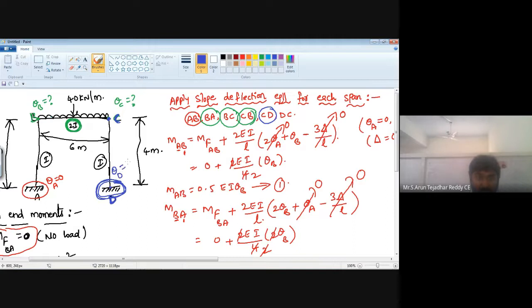That is, theta D is equal to 0 because it is a fixed support. What is our main condition? If the end support is a fixed support, then slope is 0. Here A is the fixed end support, D is also a fixed end support. So theta A is 0, theta D is 0.